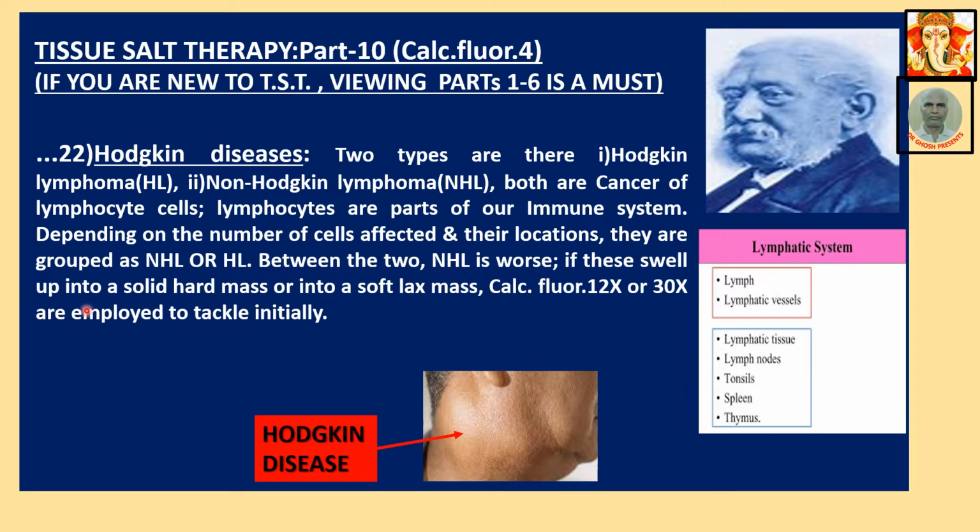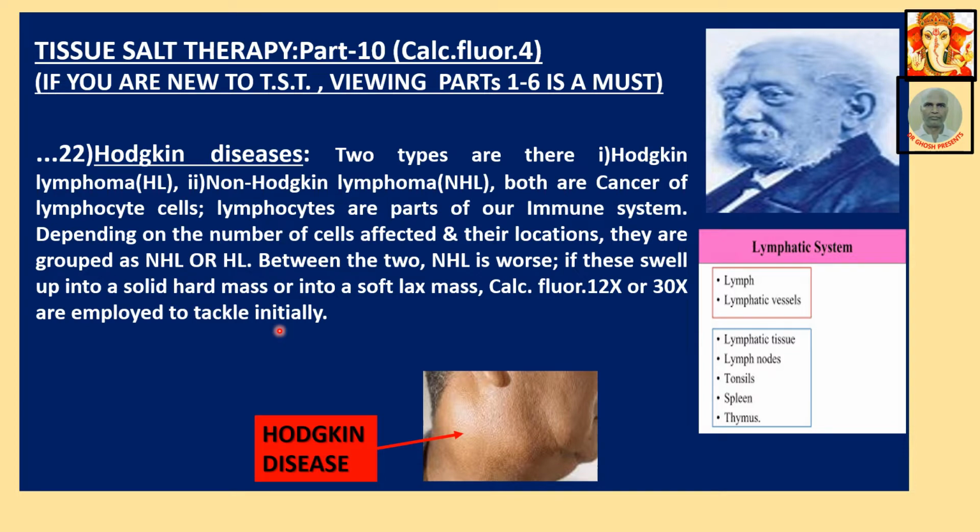If this swells up into a very solid hard mass or into a soft lax mass, then Calcarea Fluor 12x or 30x are employed to tackle that initially. Now you may wonder whether tissue salt can be applied, whether these are capable of controlling cancer.